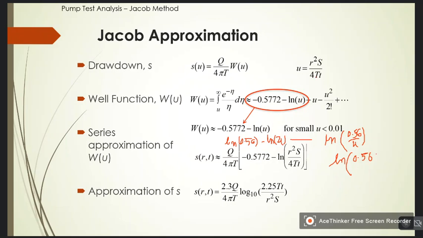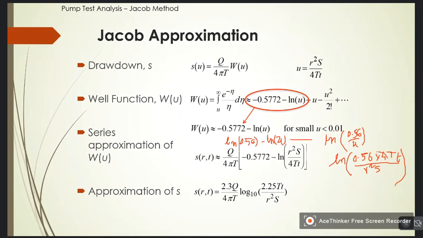So 4Tt: T will go to the numerator and R squared S will come to the denominator.